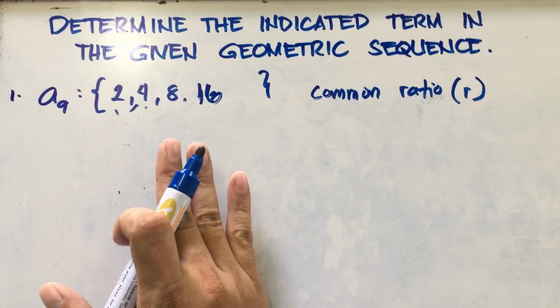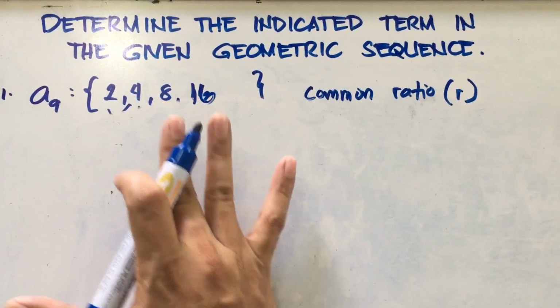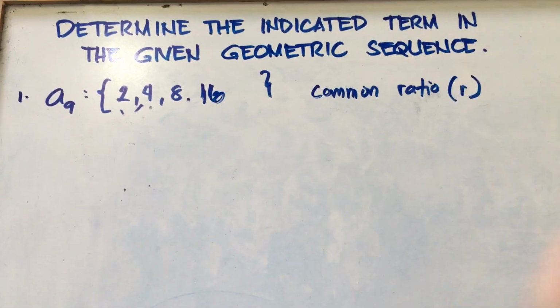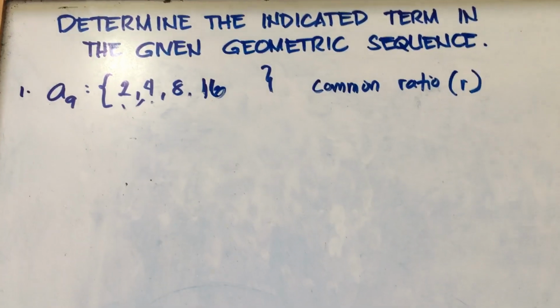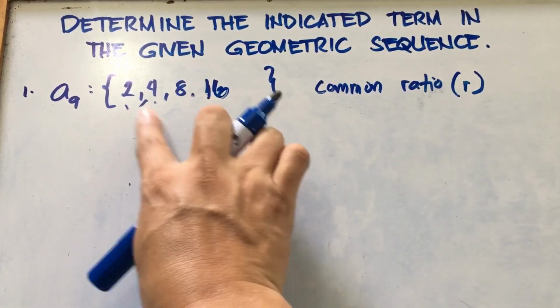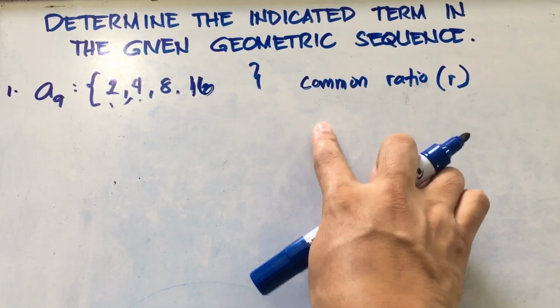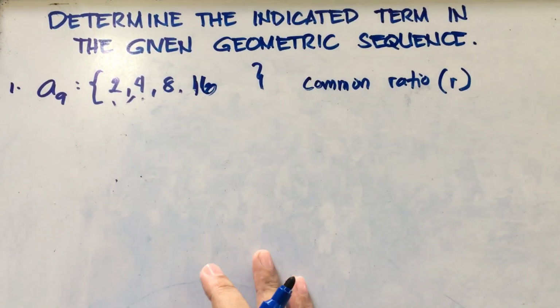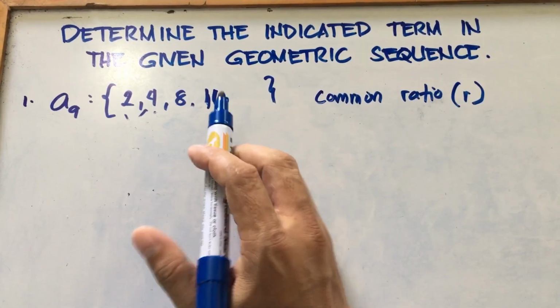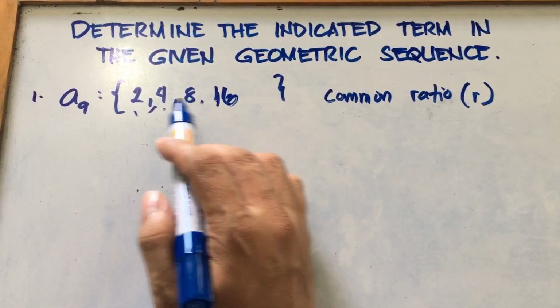If in an arithmetic sequence they have a common difference, we simply subtract the numbers from right going to the left. In a geometric sequence, the common ratio is multiplied to each term so that it arrives at the next term. To find the common ratio, we simply divide the numbers from the right going to the left.